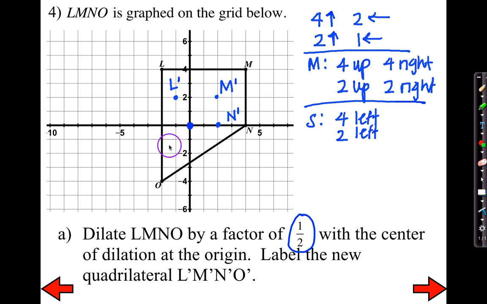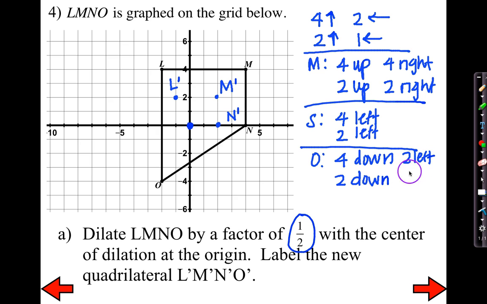And then last but not least, for O, we had to move 1, 2, 3, 4 down. And then from there, we had to go 2 to the left. So now we're just going to do half of that, which means you're only going to go 2 down.